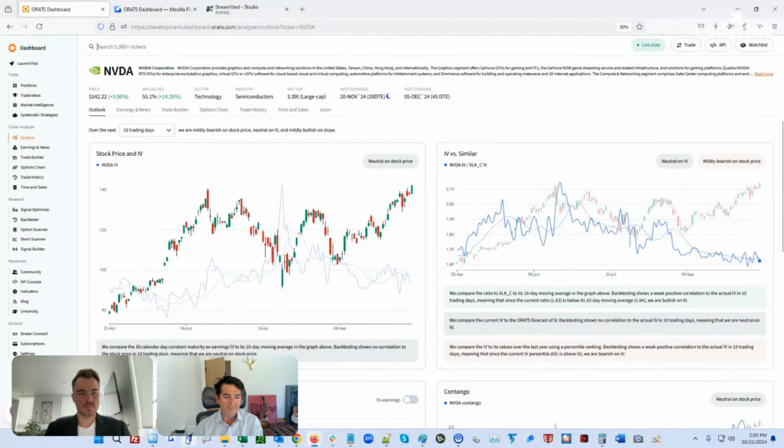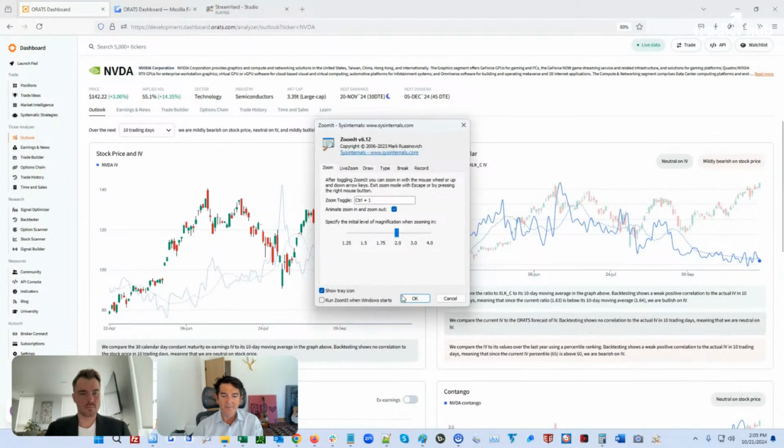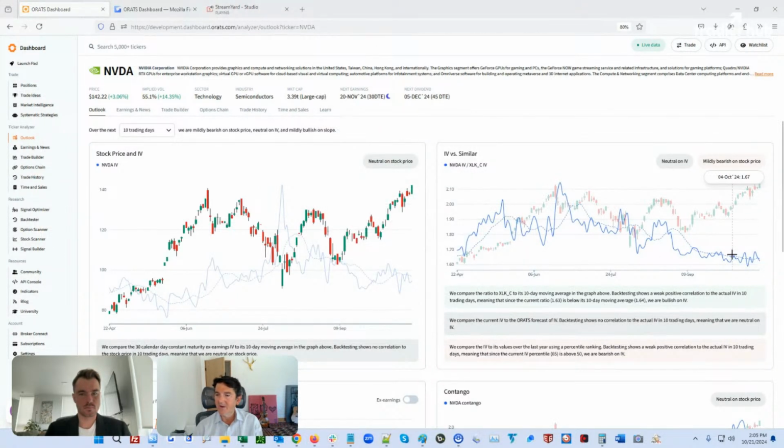Secondly, and I'll turn on my screen writer, you would look at Nvidia versus similar stocks in the XLK_C. Of course, that means the component weighted average for the most directly similar ETF, and then we do the relationship.